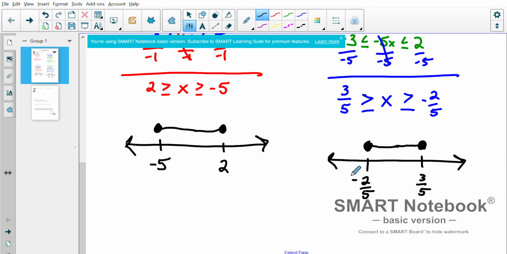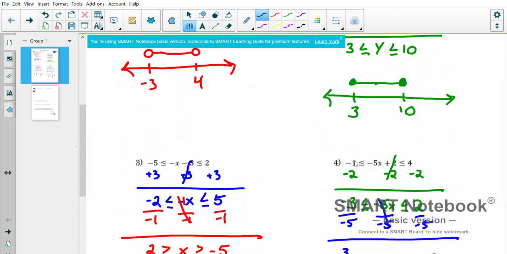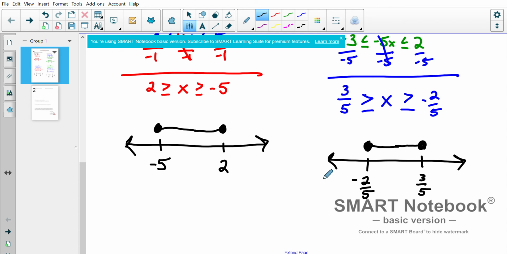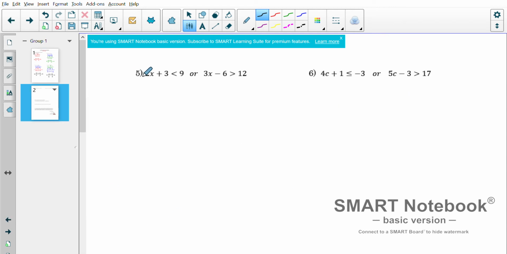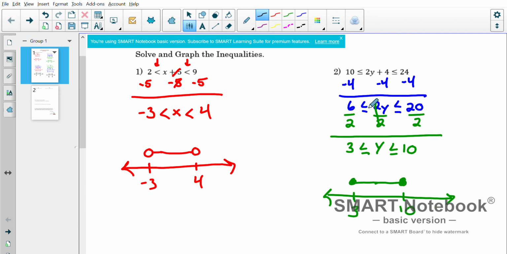Now, I bet you noticed that on all 4 of these, they connected in the middle. That will not always be the case. As we flip it over here, you'll notice these compound inequalities on the back have the word or in between them. The ones on the front did not have anything. They were just compound inequalities all smushed into one.